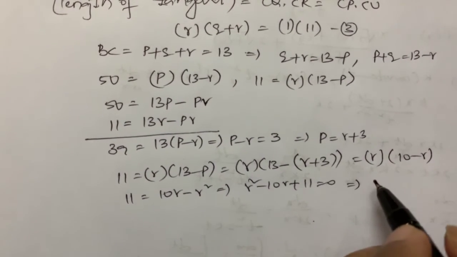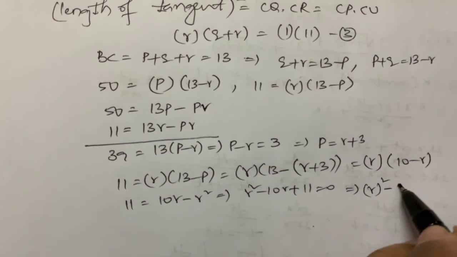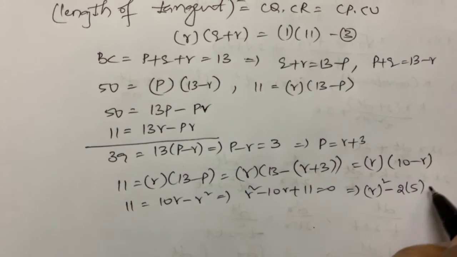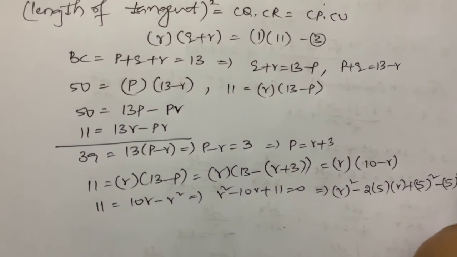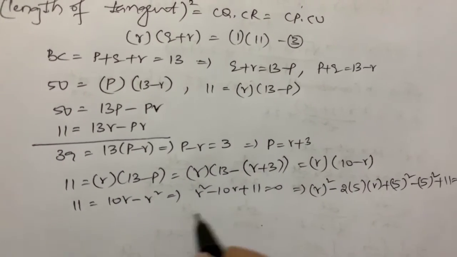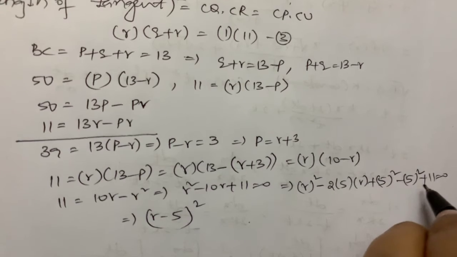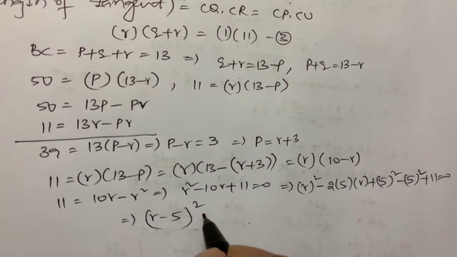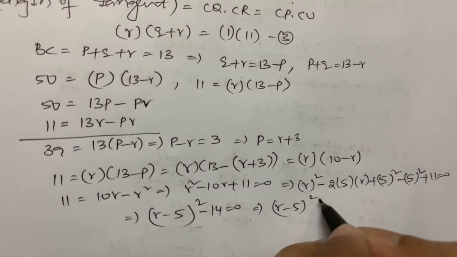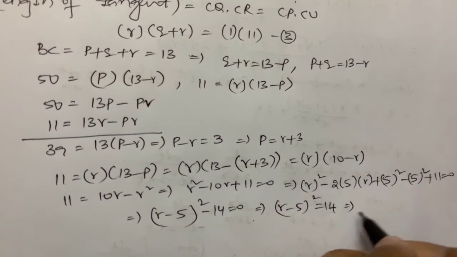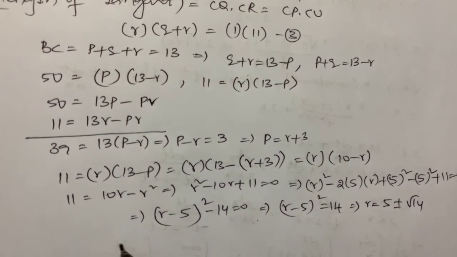If I rearrange it to a perfect square, R minus 5 whole square minus 25 plus 11 is equal to 0. So R minus 5 whole square is equal to 14. So R is equal to 5 plus or minus root 14.